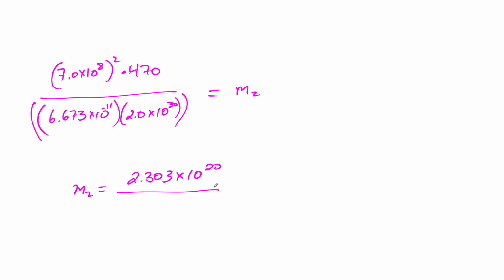Whoops, make sure you hit the right key. And I got 1.3346 times 10 to the 20th. And we're going to get a nice easy number if you do all the calculations correctly.